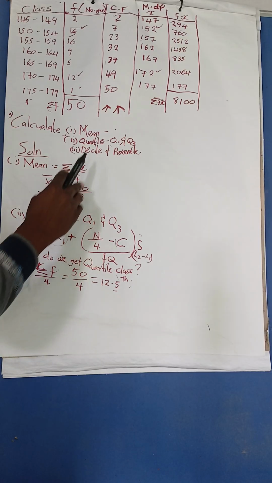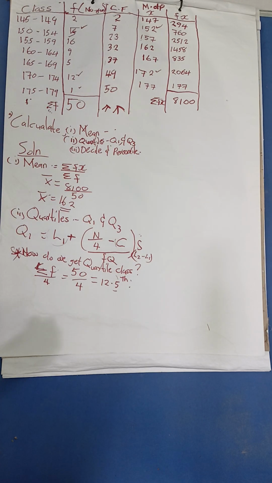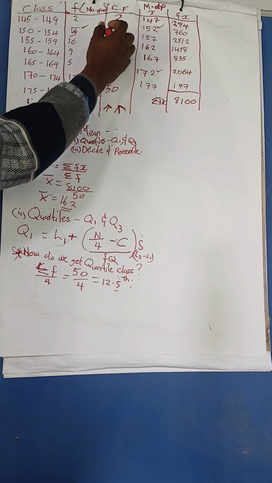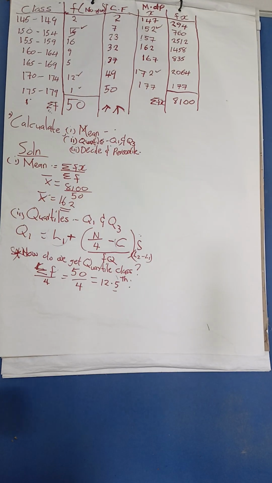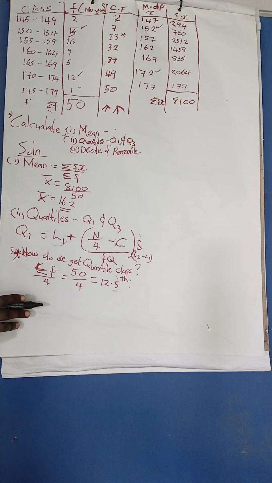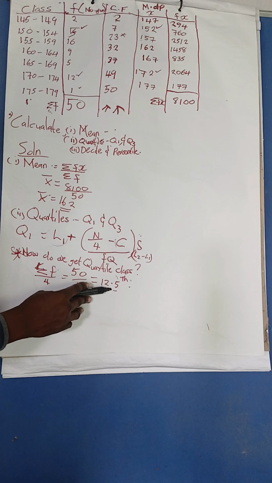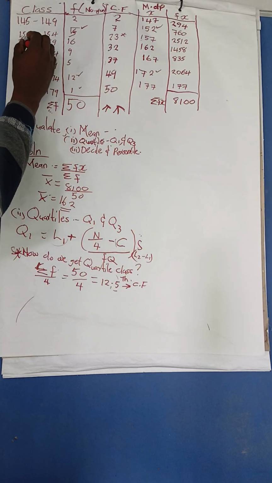Yes, it can be accommodated in 50, 49, 37, 32, 23. But now we want where I can accommodate it immediately, without going to where we can accommodate it later. Just master those words: first, immediate. Now, I will go to 23 because this is where I will first accommodate it before thinking of accommodating it in 32. So I accommodate it in the 23 in the cumulative frequency column. This becomes now our class, the quartile class.